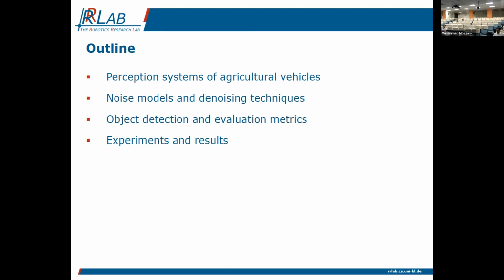We saw it already, for example, in the presentation preceding mine, in the detection of weeds and fruits. But we also use this for obstacle detection and many other things. So this is a very fundamental concept in the automation of agriculture. And then finally, we will conclude with the experiments and results.